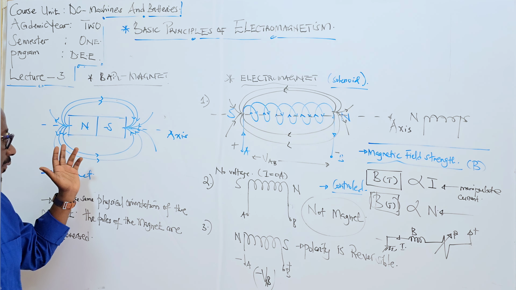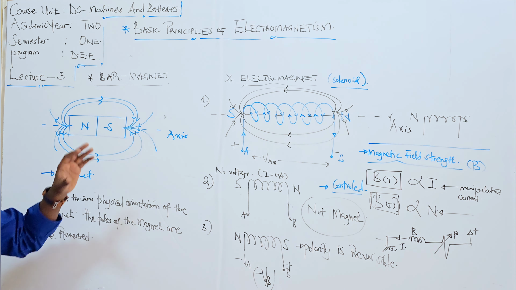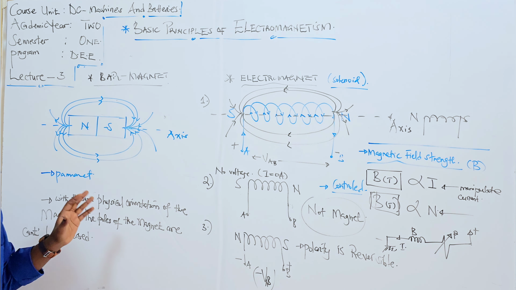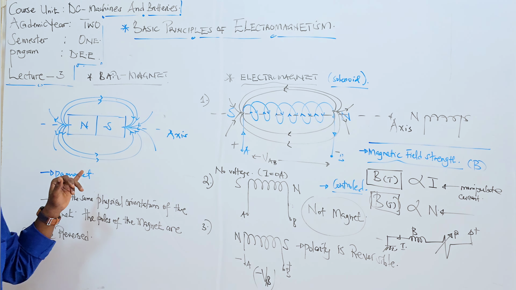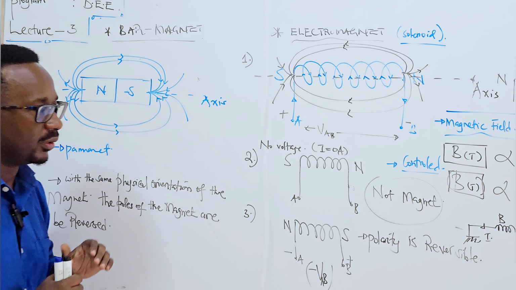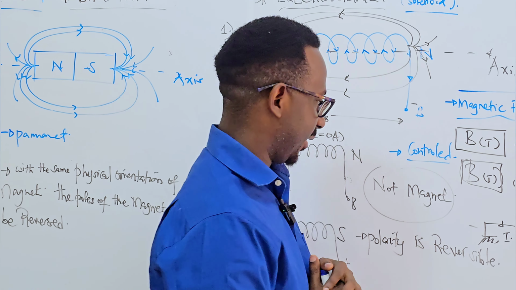The field strength that was designed with the permanent magnet is all you're going to work with. There is nothing else you can add. And if not handled right, the field strength could drop. We'll see what affects magnetism in a permanent magnet.